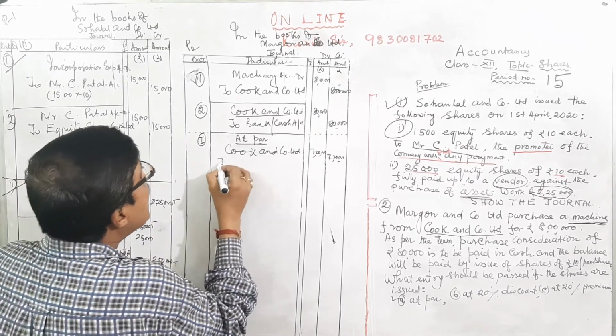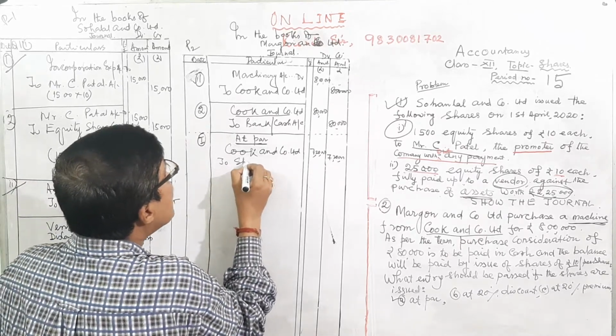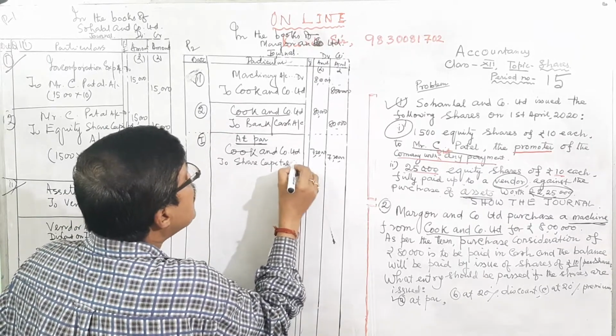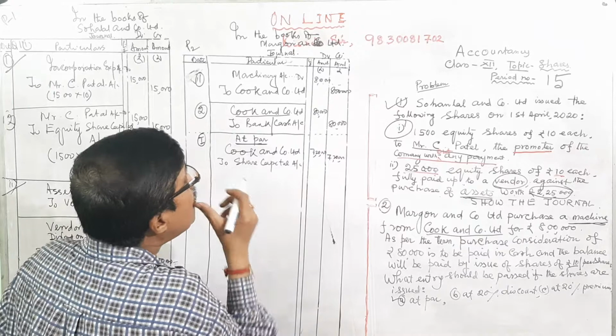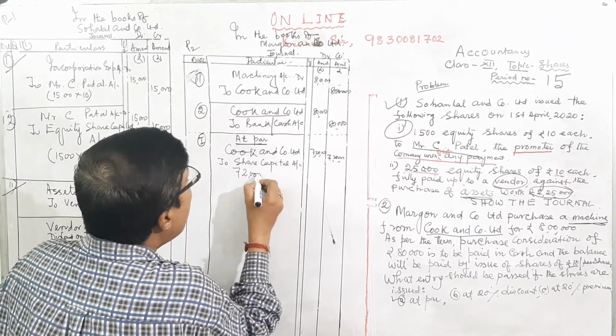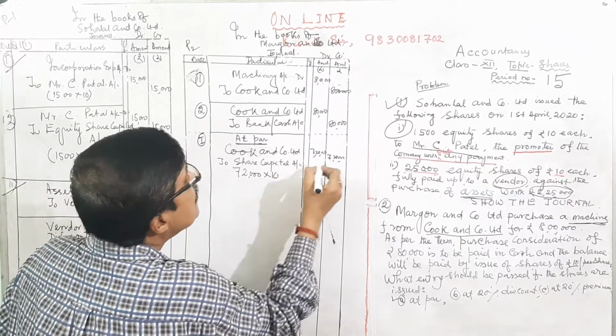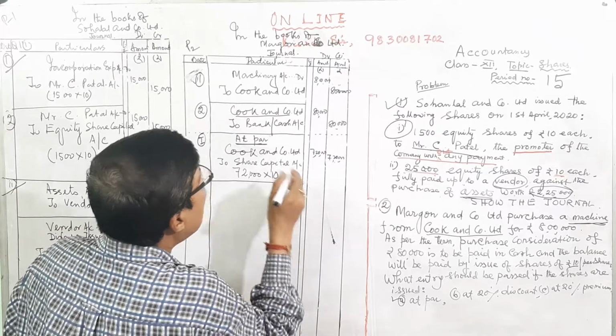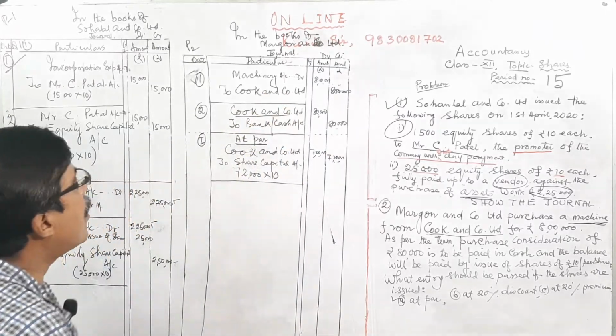Equity share capital account. That means Morgan Company is giving 72,000 shares of rupees 10. The 7,20,000 is paid off, the total dues are paid off.